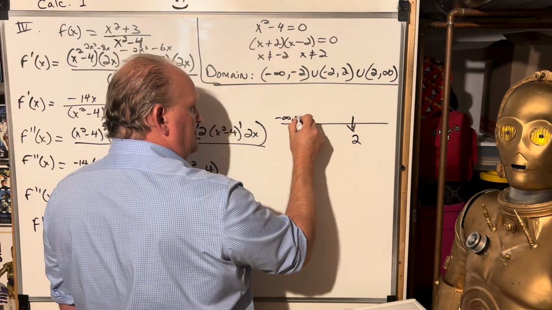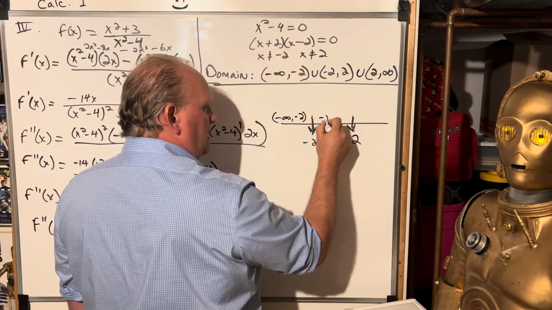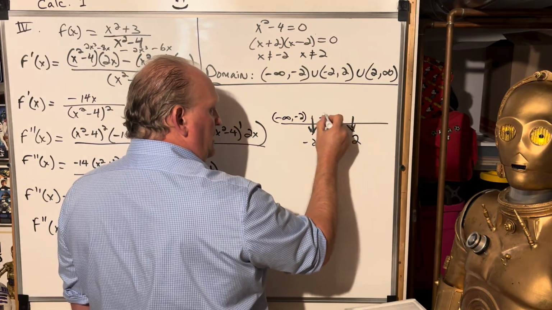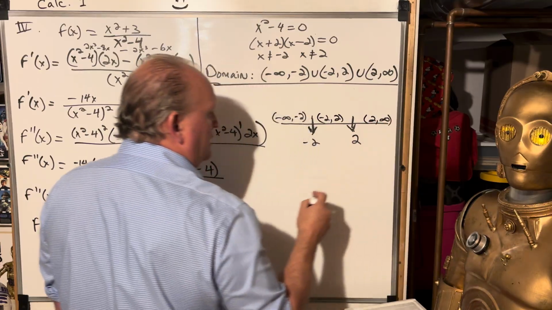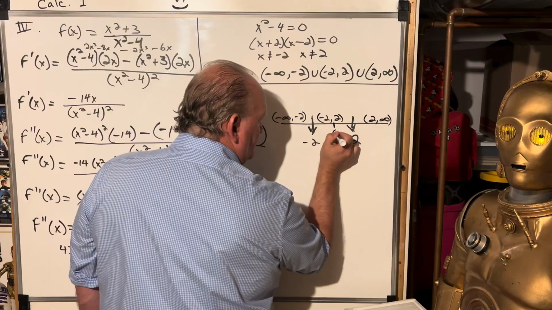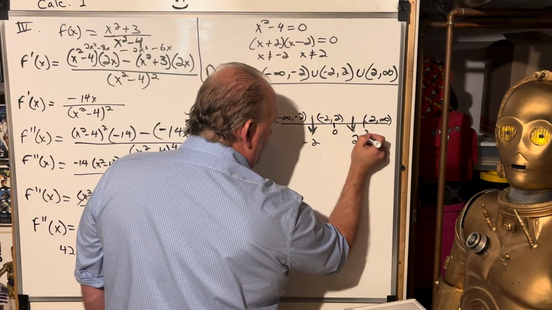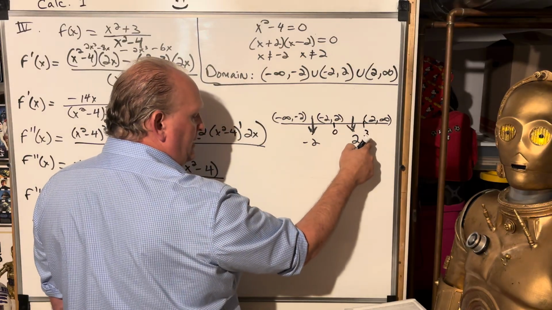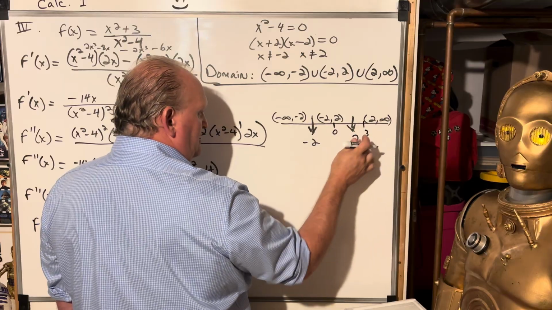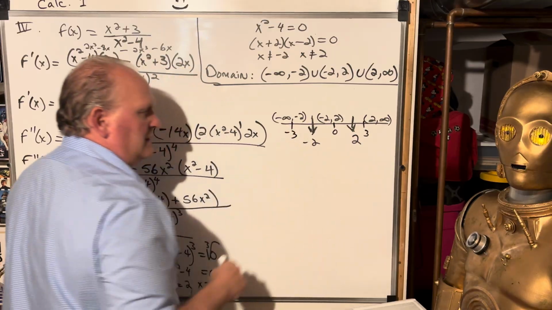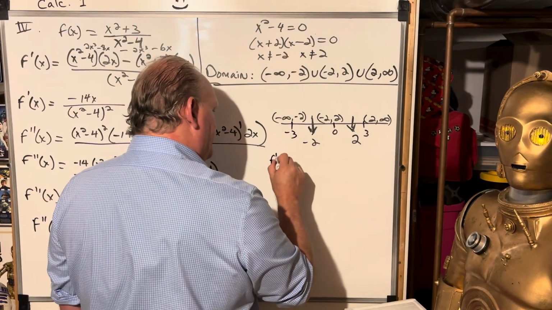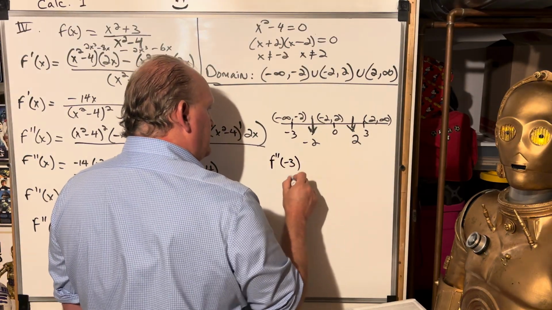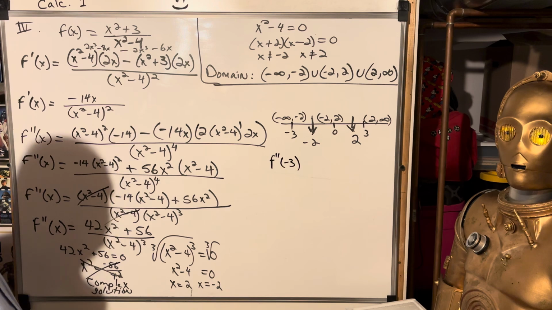Negative infinity to -2, and -2 to 2, and 2 to positive infinity. Those are our 3. So 0 is a good number there. 3 or 4 or 20 or 100 or whatever you want. Just keep it simple, I think. It's 3 and -3. And so now we want to do f double prime of -3 to determine the concavity.